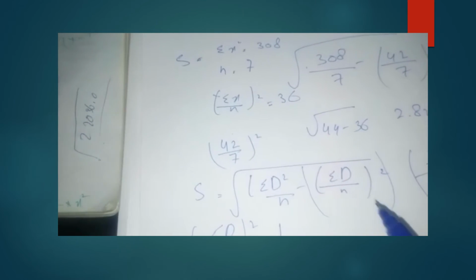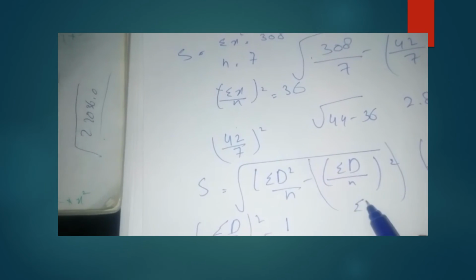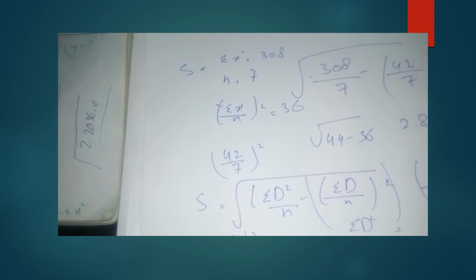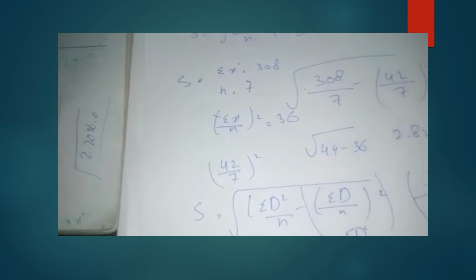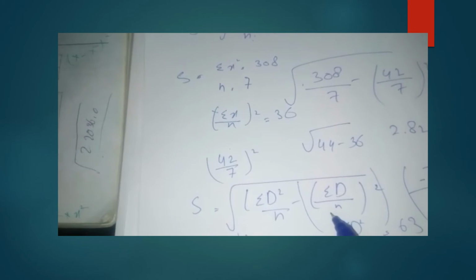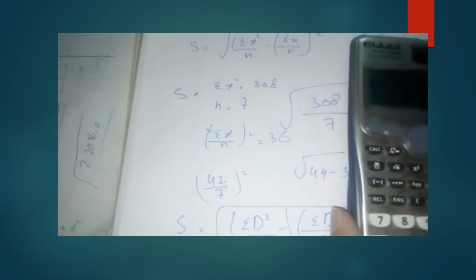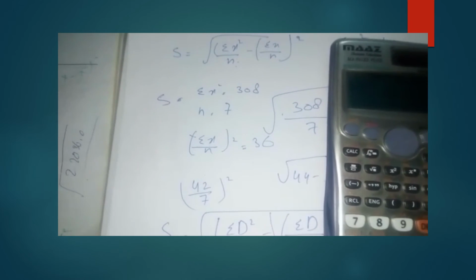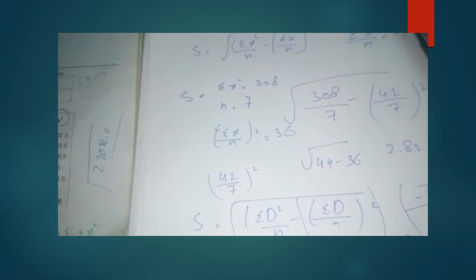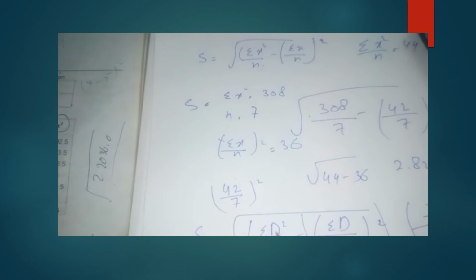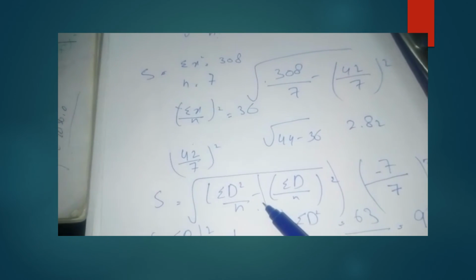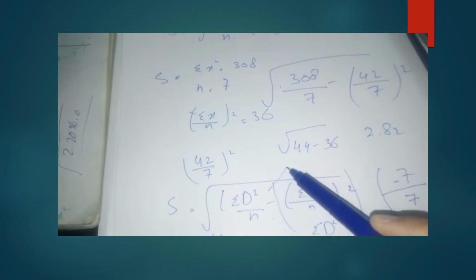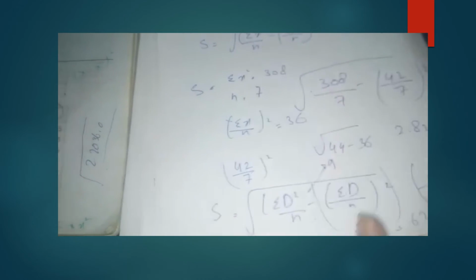The next step is to calculate this part. Summation d square is 63 and n is 7. 63 divided by 7, and the answer is 9. So the answer of this part is 9.